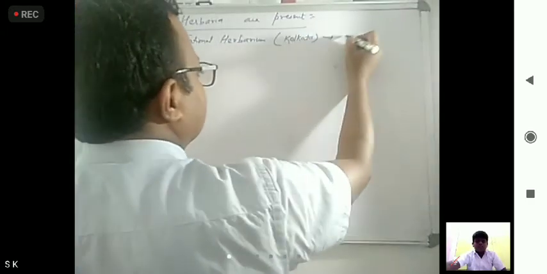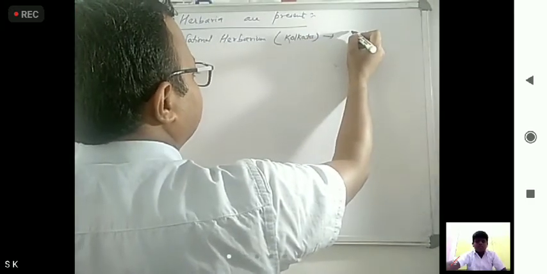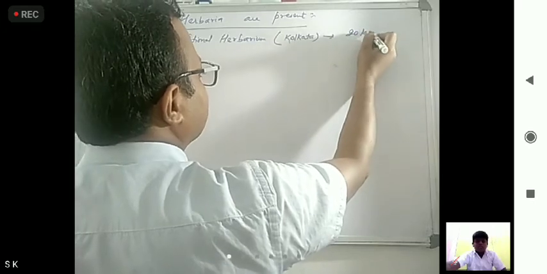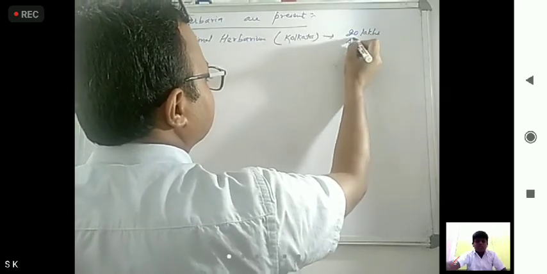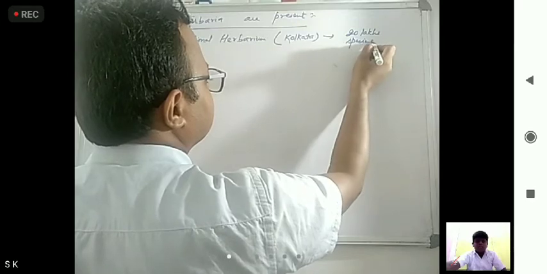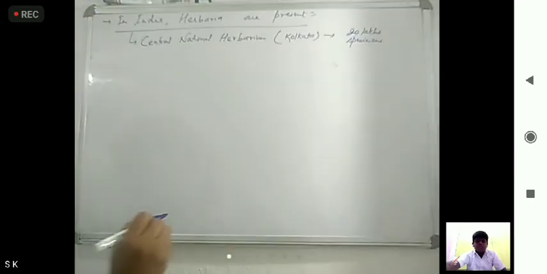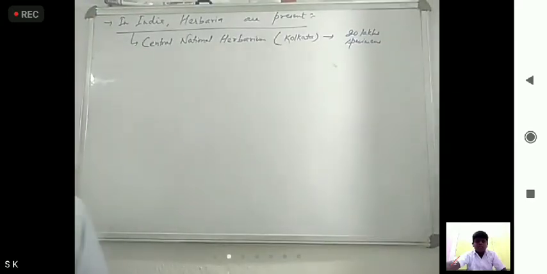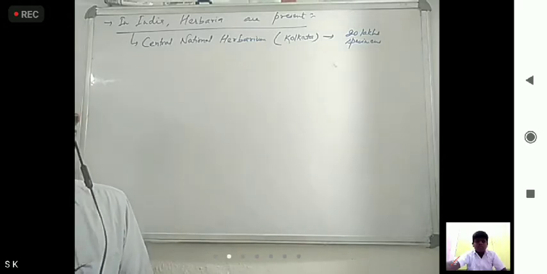And this contains approximately 20 lakh specimens. Okay, this Central National Herbarium Kolkata contains approximately 20 lakh specimens.